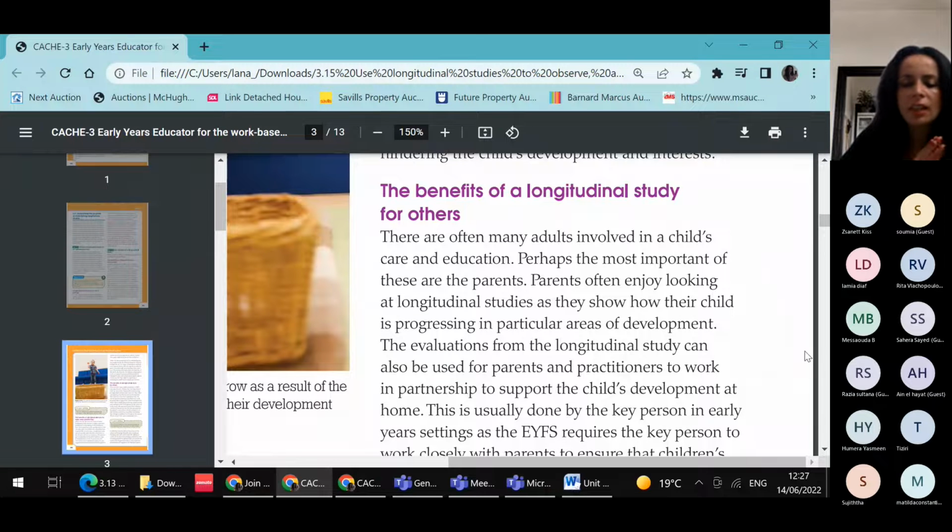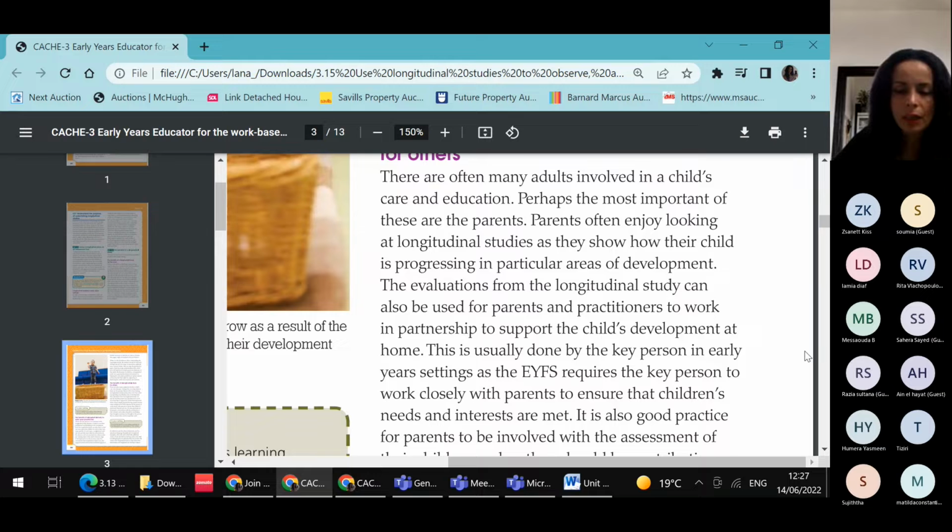And then there is evaluation from the longitudinal study. This evaluation can also help the parents and the practitioners to work together to support the child's development at home. So for the parents to know what to do at home, we can give them information because of our longitudinal studies.